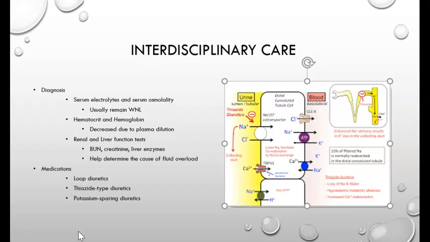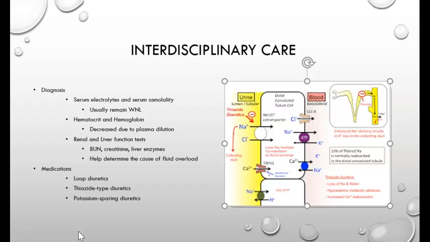So your diuretics are going to be the most common treatment by inhibiting reabsorption of water and sodium and stimulating urine output. There are 3 different types that work in different parts of the kidney tubules. You've got your loop, and that's going to be excreting sodium, chloride, potassium, and water. And examples of those are Lasix and Bumex. Your thiazide type, and that's going to be doing about the same with your excretion.